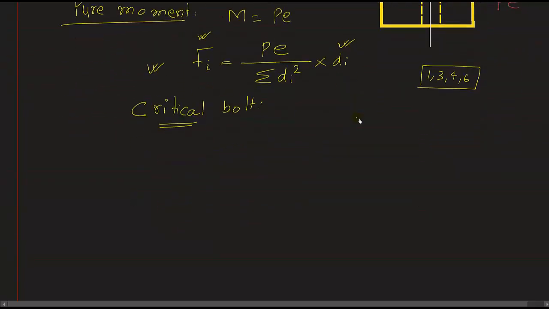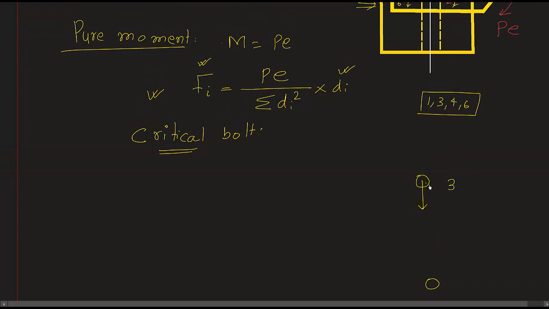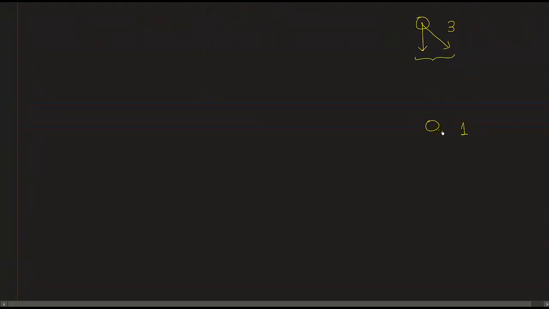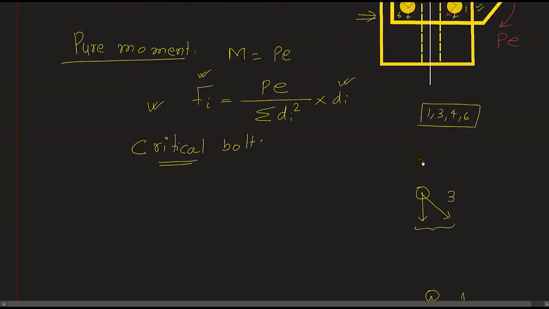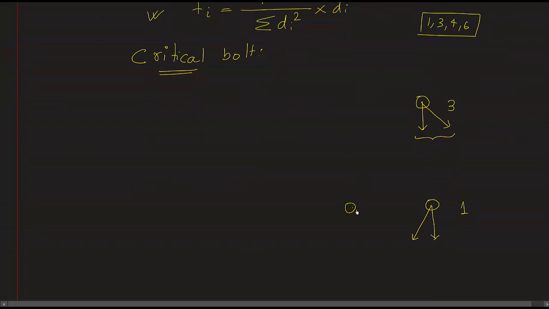If this is not clear, I can show here. So this is bolt number 3, this is bolt number 1. If you see on bolt number 1, this force and this force, these two forces will add. On bolt number 3 also, this is in this direction and this is in this direction. These two forces will add. But if you see bolt number 6, one force is in this direction but the other force is in this direction.